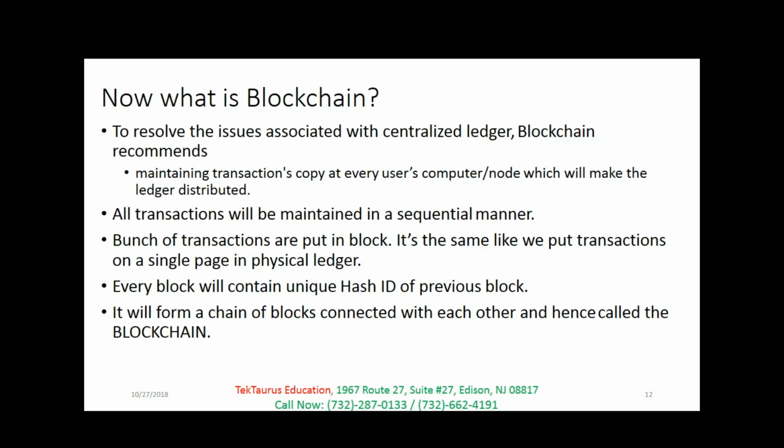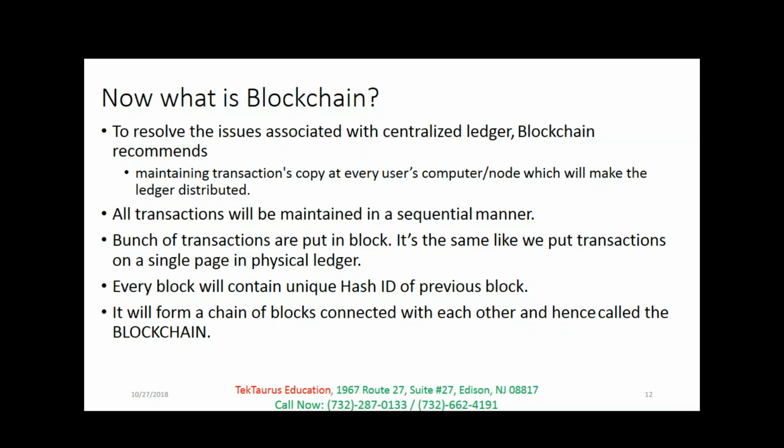The same kind of thing we are doing here, but using computers. A bunch of transactions are put in a block, like a page in a book, and that particular block is given a hash ID, like a page number.